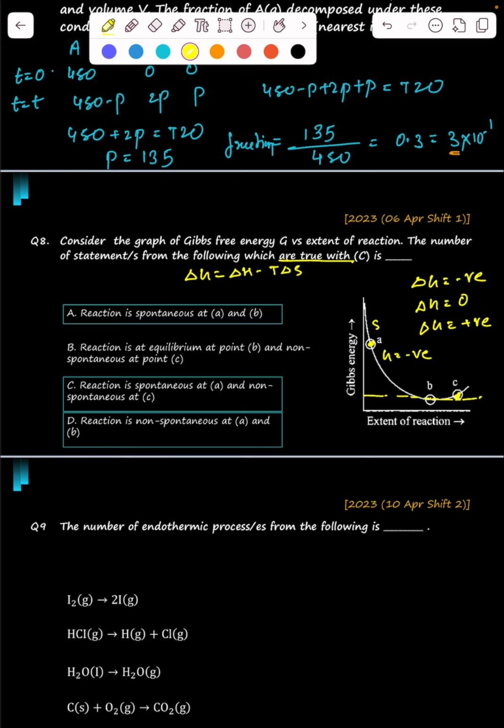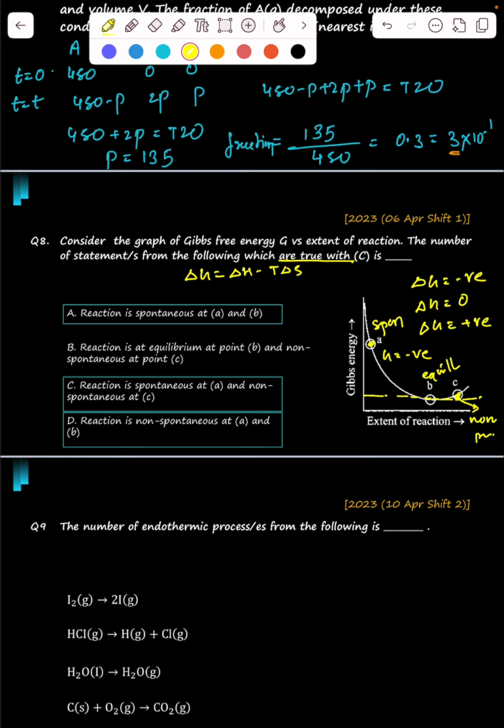So A is spontaneous, B is equilibrium and C कैसे चल रहा है, C पे स्लोप पॉजिटिव हो रहा है। स्लोप पॉजिटिव means G is positive, C is non-spontaneous. This should be the non-spontaneous.